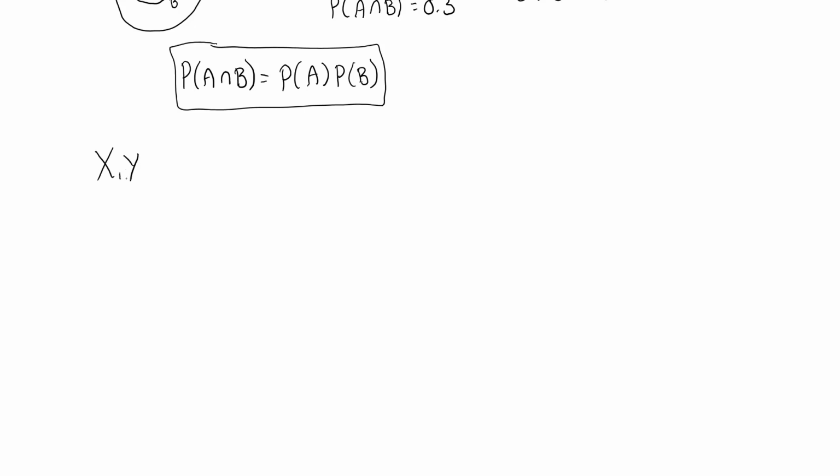So X and Y are now two random variables. The set X less than or equal to a, that is an event. It's the collection of all outcomes that the random variable X will map to a number that's less than or equal to a, independent of what Y does. Similarly, Y less than or equal to b is an event as well.